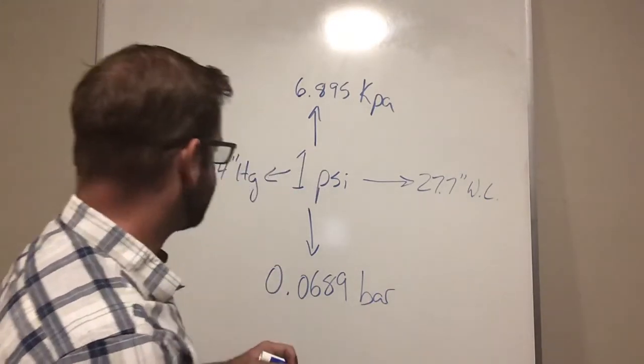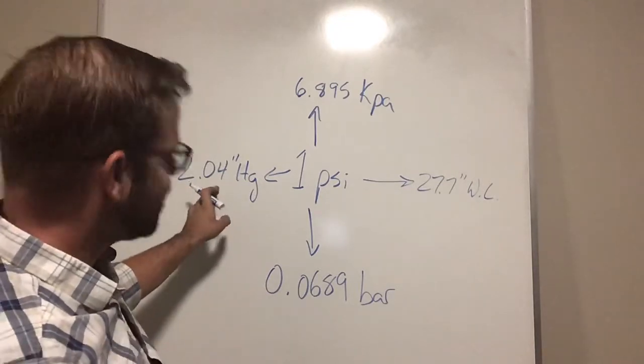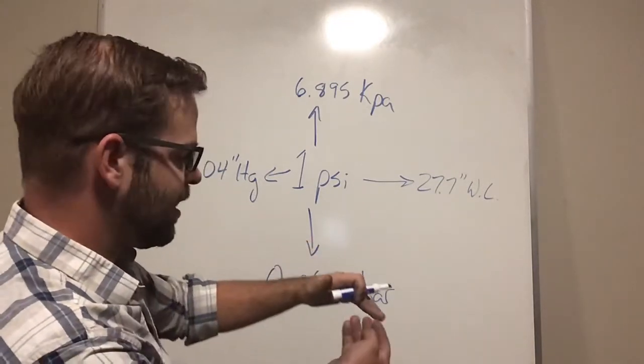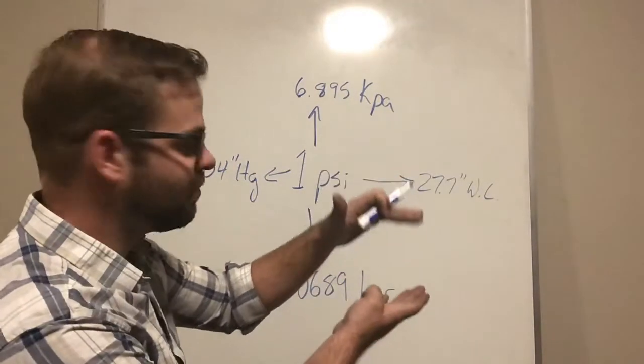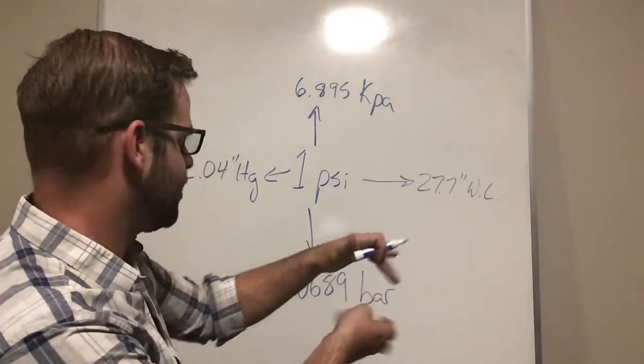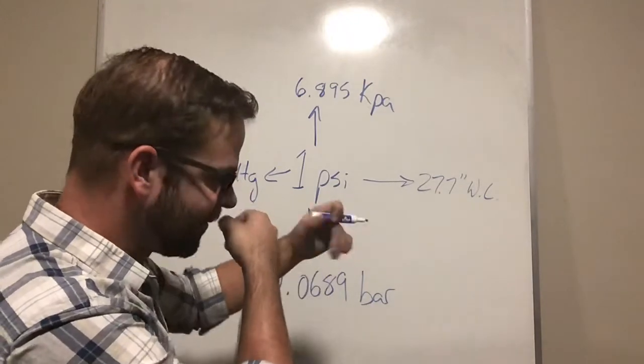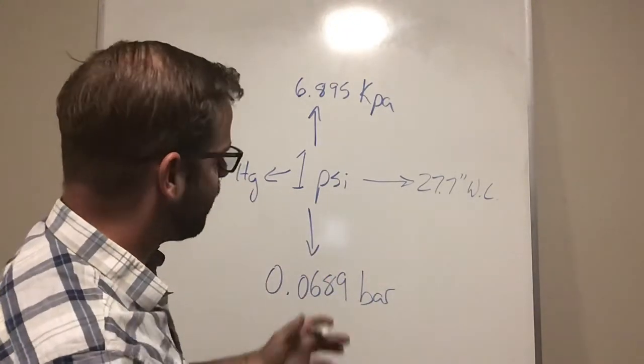Yeah, so Hg. So that's our mercury. So inches of mercury. So if I have 2.04 inches of mercury in a bowl, it'll exert 1 psi on the bottom of the container.